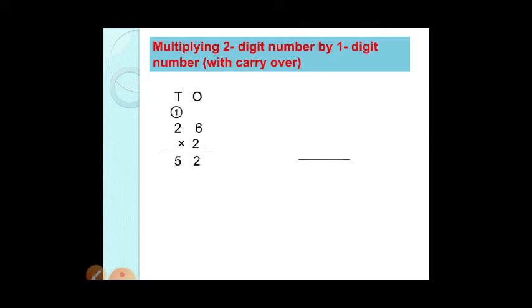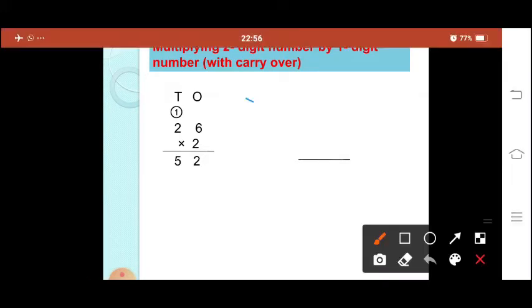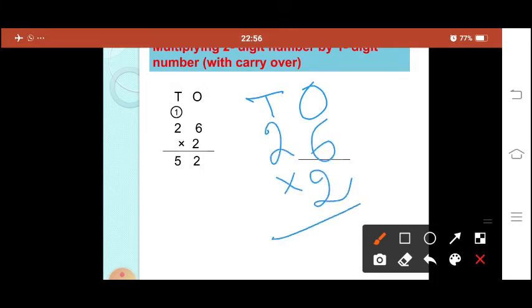Tens, ones. 26 is multiplied by 2. As we already know, we first multiply with the unit place number. 2 sixes are 12.